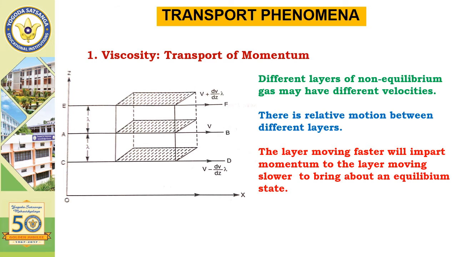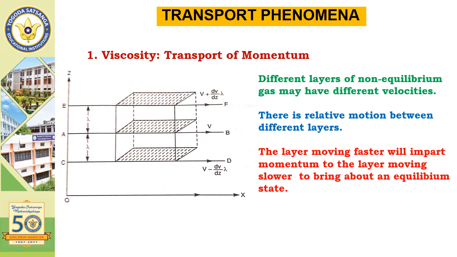Here in the figure we have three different layers. The midway layer AB has the velocity v. Then EF has some extra velocity, where dv by dz is the velocity gradient, which changes along the direction of z, and lambda is the mean free path between the layers.